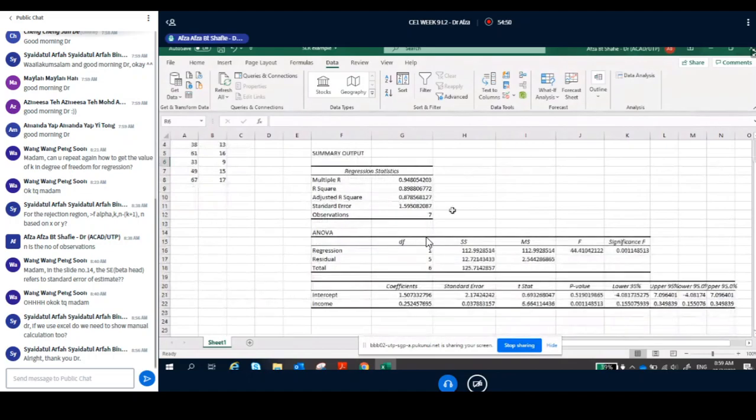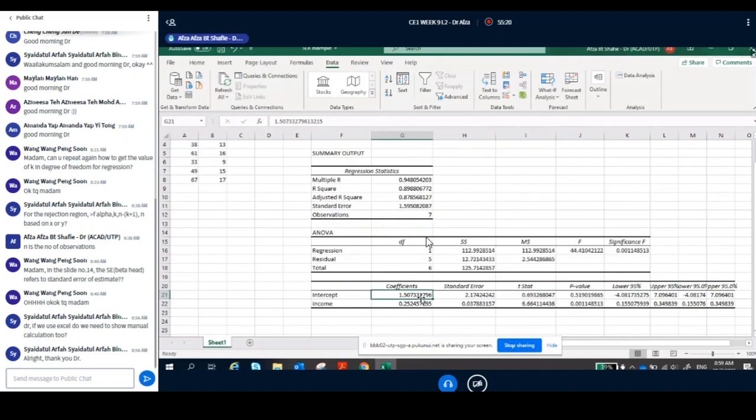Just like the output just now, we are interested in getting the equation, and all those four values. Let's look at the coefficients first. This is the intercept, so this will be your beta naught, which has a value of 1.5073.